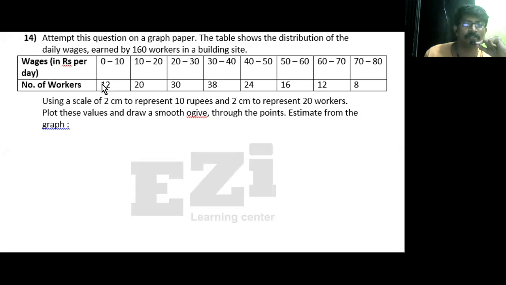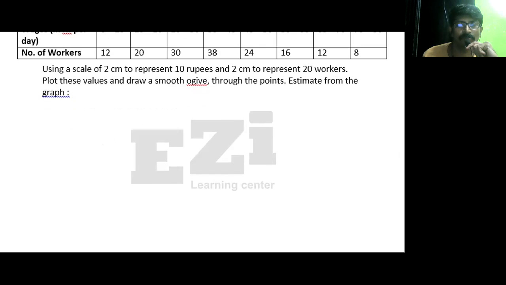And the number of workers is 0 to 10 earned by 12 people, 10 to 20 rupees per day earned by 20 people, and so on. Using the scale of 2 centimeters to represent 10 rupees and 2 centimeters to represent 20 workers, plot these values, draw a smooth ogive through the points and estimate from this graph the median, lower quartile, upper quartile, and maybe there would be 1 or 2 questions.